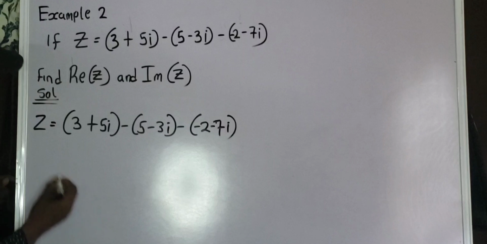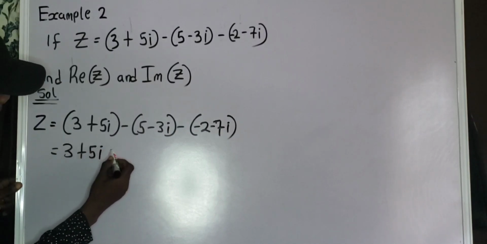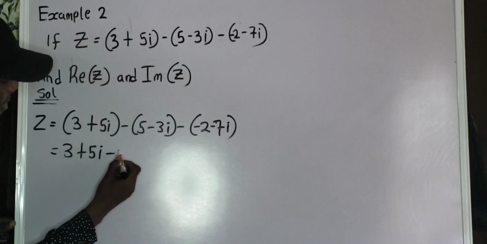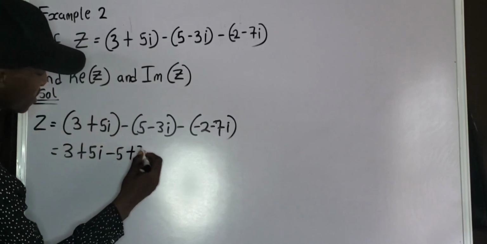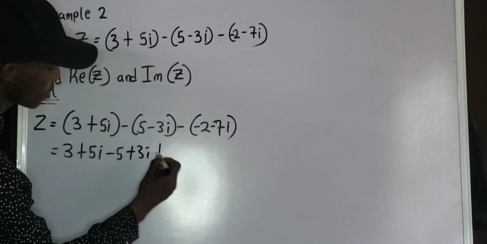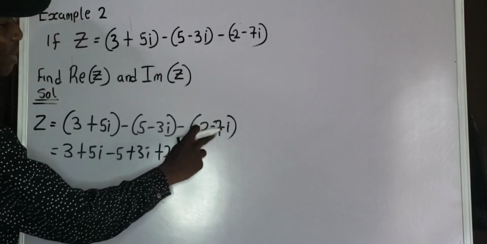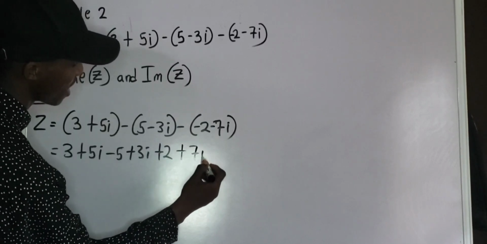So now, let us open the bracket. I'm going to have 3 plus 5i minus multiply by 5, minus 5, minus multiply by minus 3i, so plus 3i, minus multiply by minus 2, plus 2, minus multiply by minus 7i, so plus 7i.